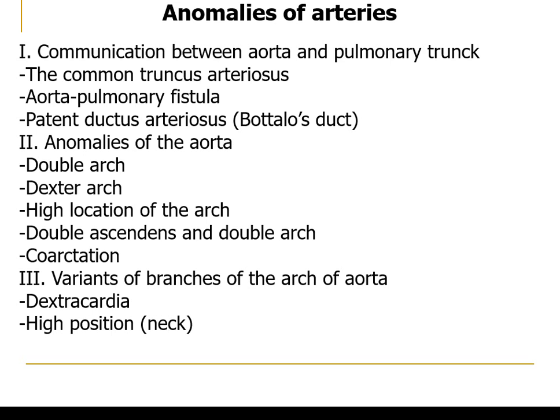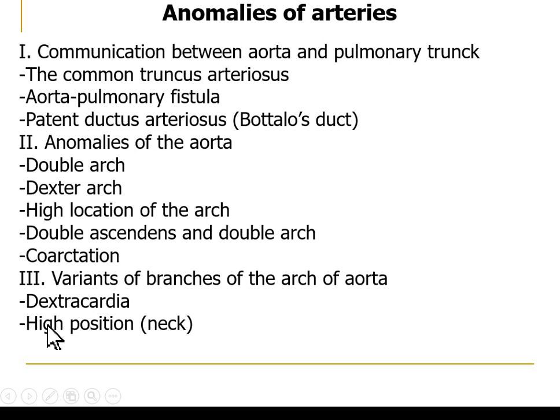Anomalies of the variants of the branches of the arch of the aorta. From the aorta originate 3 branches: the brachiocephalic trunk, left common carotid artery and left subclavian artery. Maybe with dextrocardia, the development of the heart with the aorta, it may be in the right position.